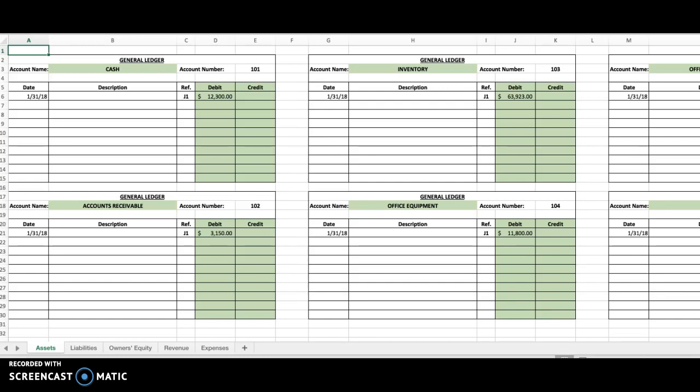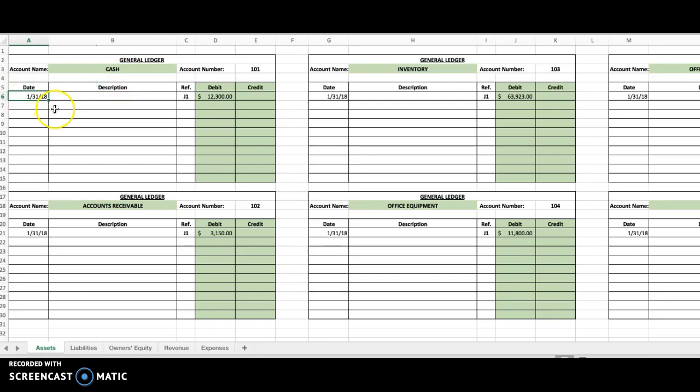On your screen, you see a series of asset accounts in a general ledger book. Each of these would be separate pages, and you see that the accounts are listed. If you look here, for example, this page in the general ledger would be called the cash account. And if you look at this, you have a date.